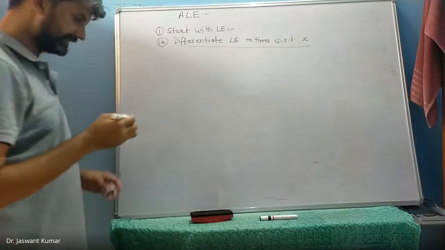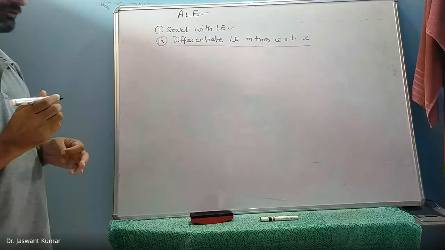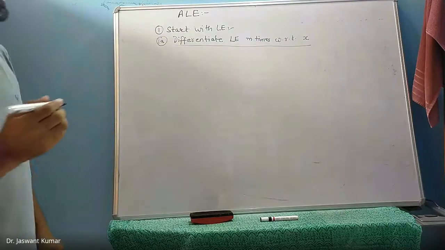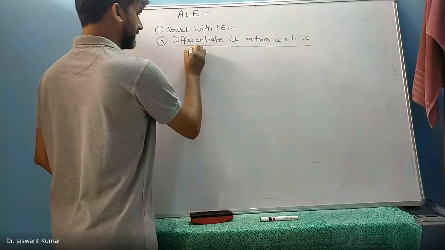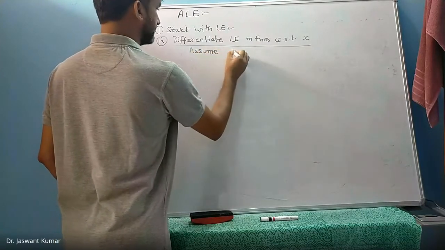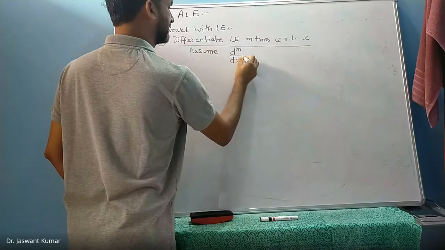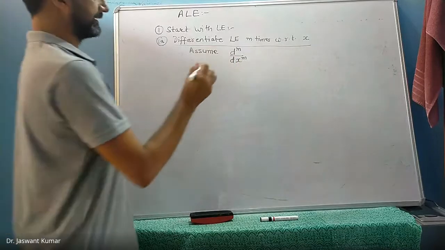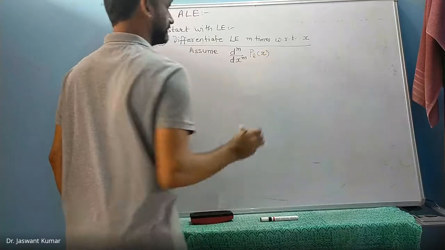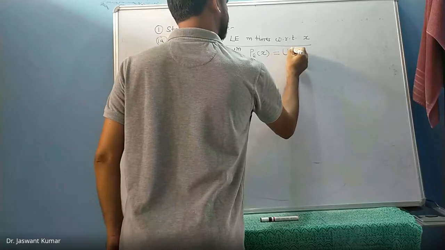Okay, then what we do is that we differentiate the Legendre equation m times with respect to x. After that we assume that the mth derivative d^m/dx^m of the solution of the Legendre equation, which we already know is P_L of x, is some function of x, let us say u of x.